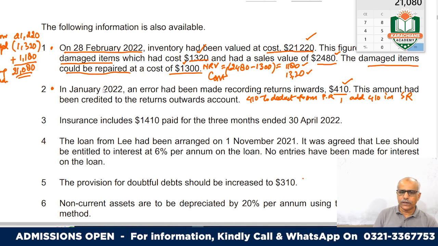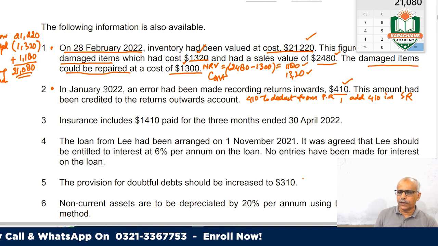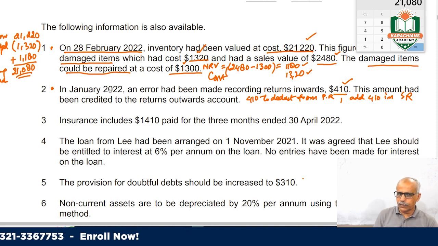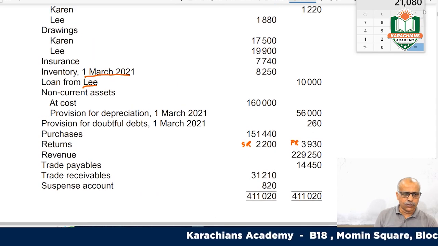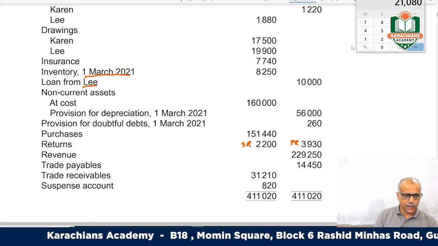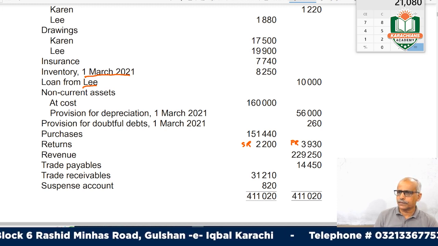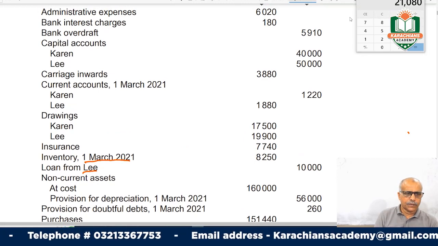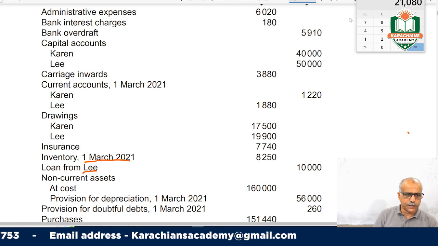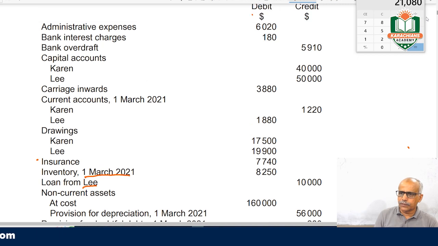Insurance includes 1410 paid for 3 months ending 30th April 2022. Just remember one thing: above, he has given you the insurance amount, along with administrative expenses and carriage. So we need to make some correction here.